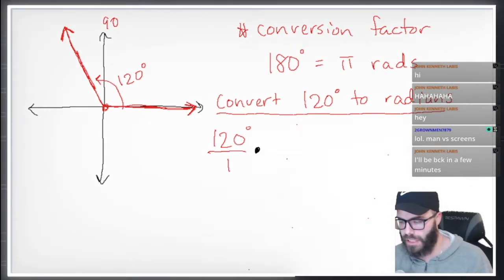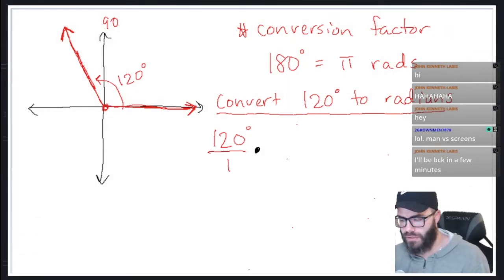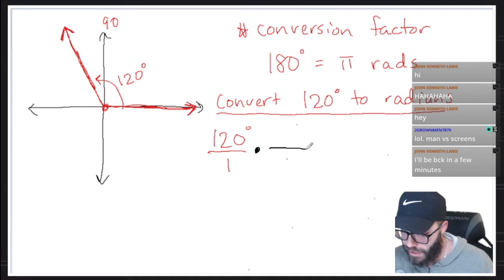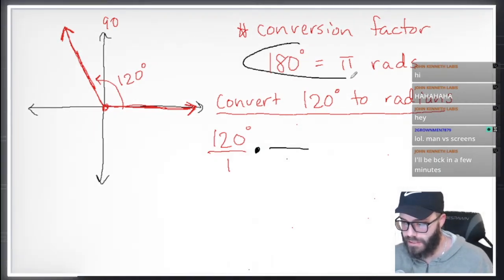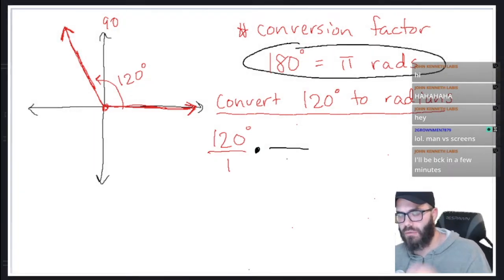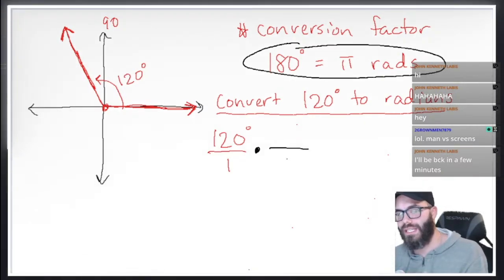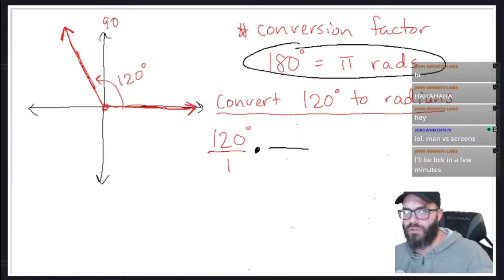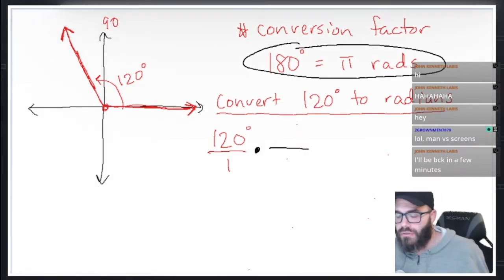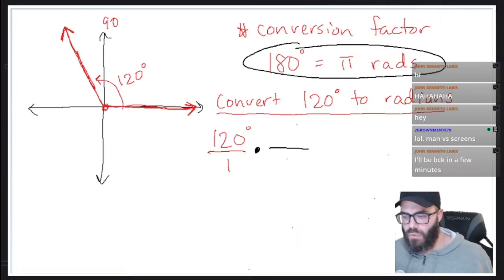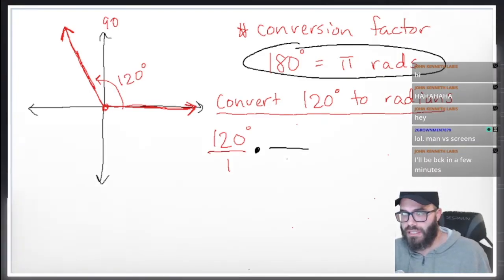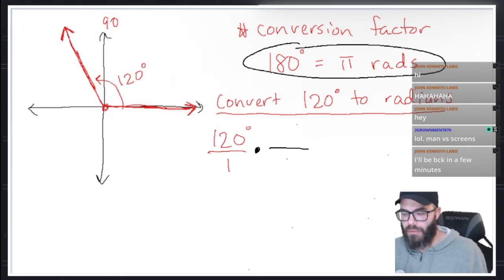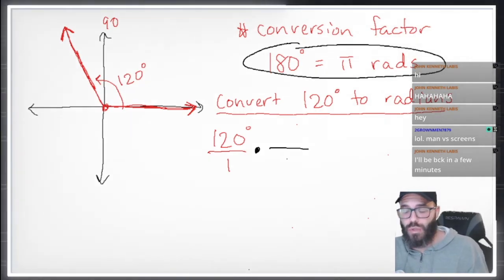My degree unit is at the top of my fraction, so I write the conversion factor in terms of a fraction. 180 degrees equals pi radians. Those two things are equivalent, so if you divide one by the other, you get 1. If I multiply anything by 1, I get the exact same thing. I'm not multiplying by the number 1, I'm multiplying by a conversion factor, which is equivalent to 1.